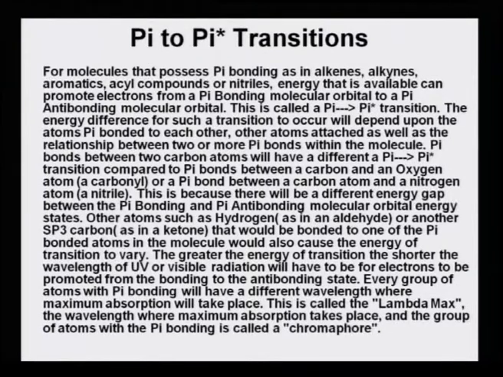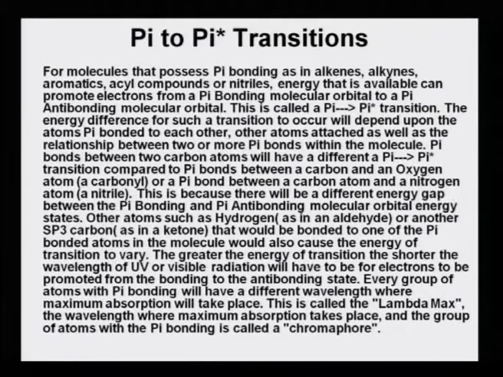Other atoms such as hydrogen, as in the case of aldehyde, or another sp3 carbon, as in the case of ketone, that would be bonded to the pi bonded atom in the molecule, would also cause the energy of the transition to vary. So, the changes are brought because of the immediate environment where this pi bond is located.